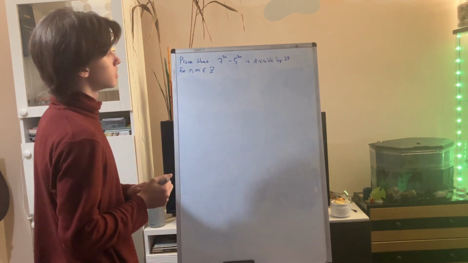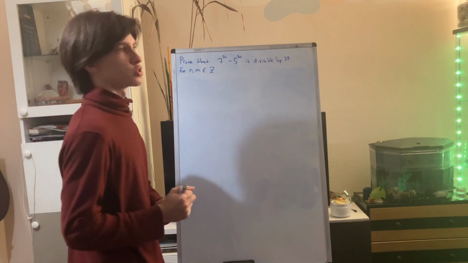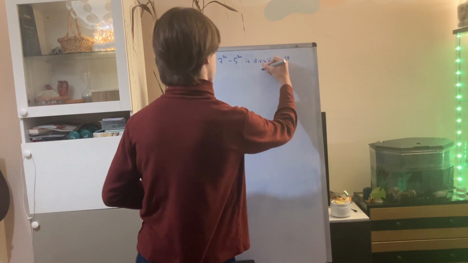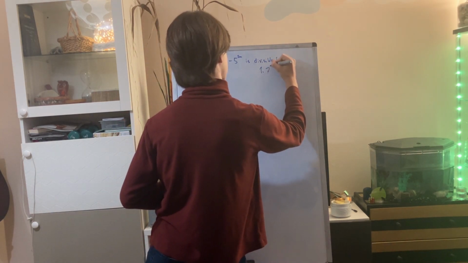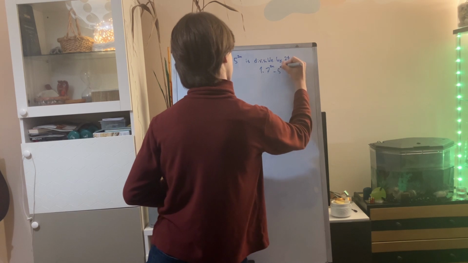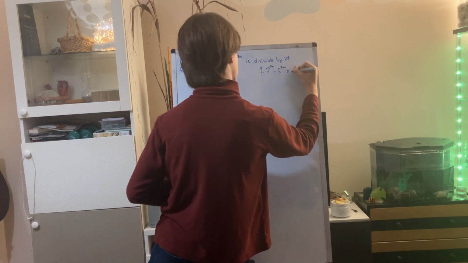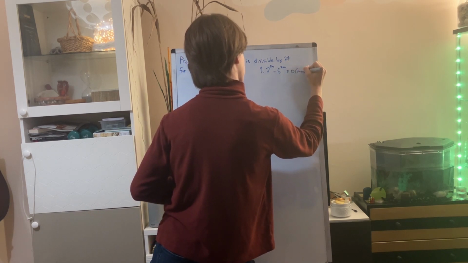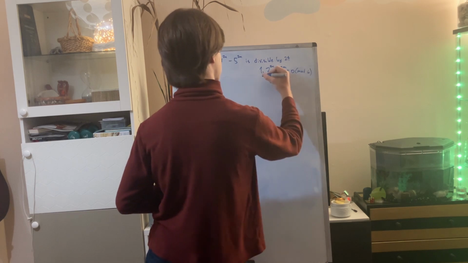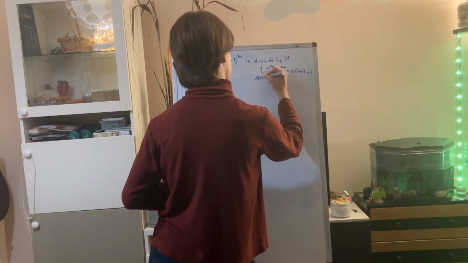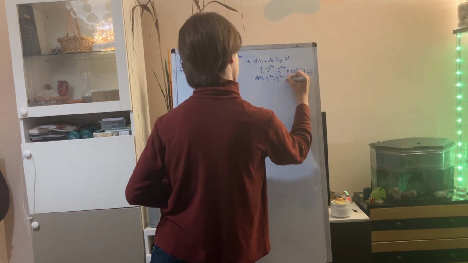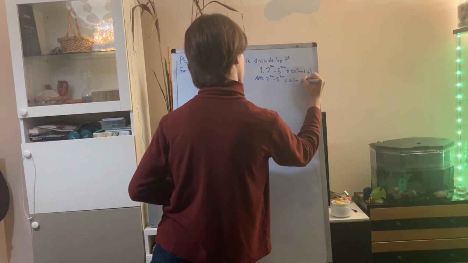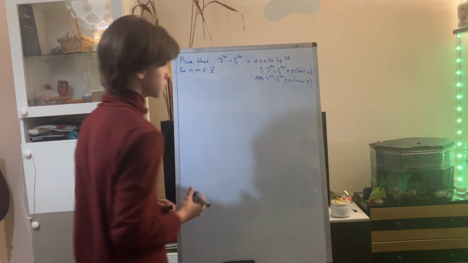And you will see later why these are good moduli to choose. But let me write this down here. To prove that it's divisible by 24, we just have to prove that 7 to the 2n minus 5 to the 2m is congruent to 0 mod 6, so divisible, and that it is divisible by 4, congruent to 0 mod 4.